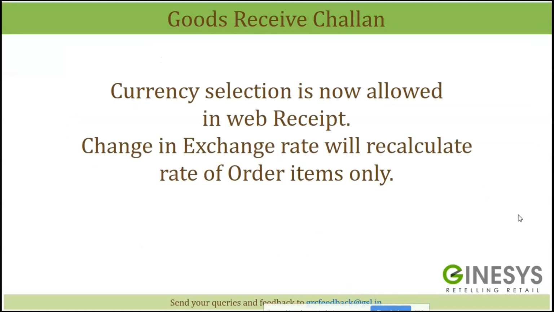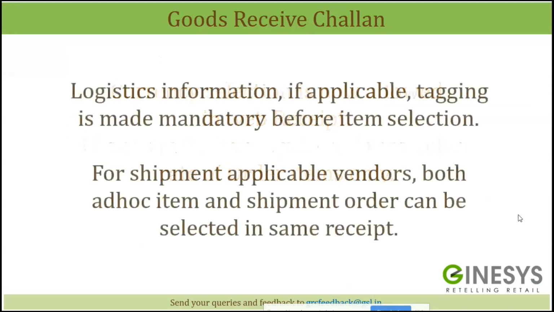So moving ahead with this, thereafter comes the logistic information. In the desktop application, logistic tagging, if applicable for the selected vendor, was required after selection of items and after calculation of charges, that is, at the end point.